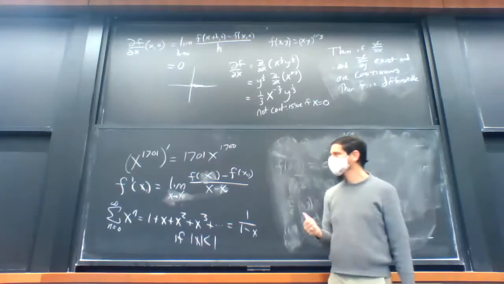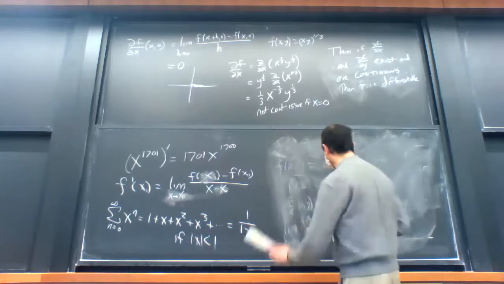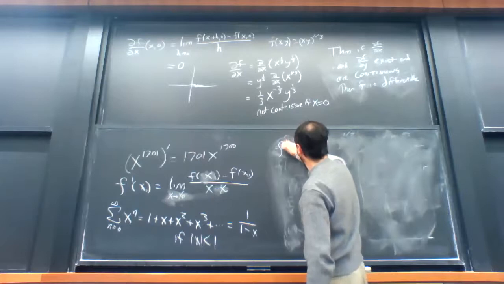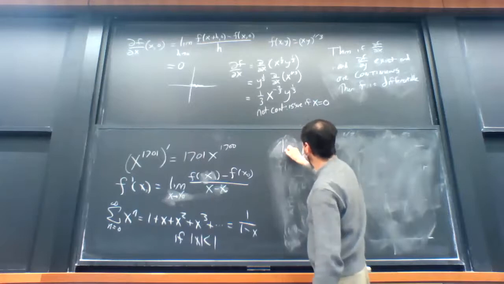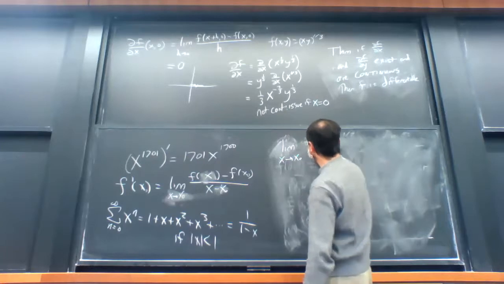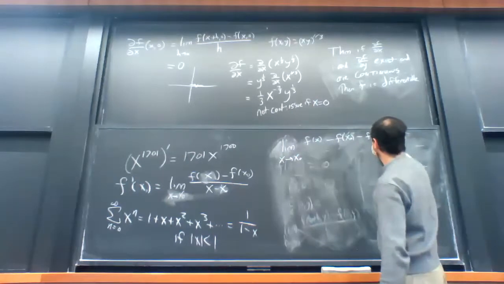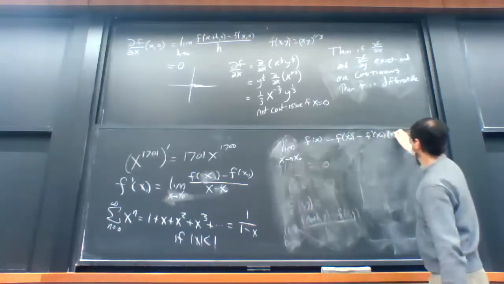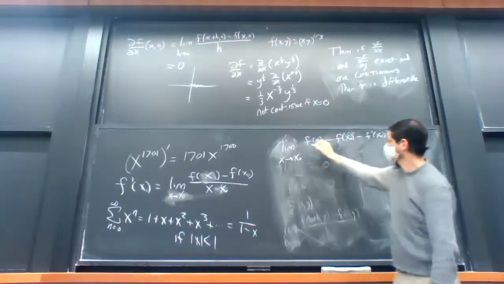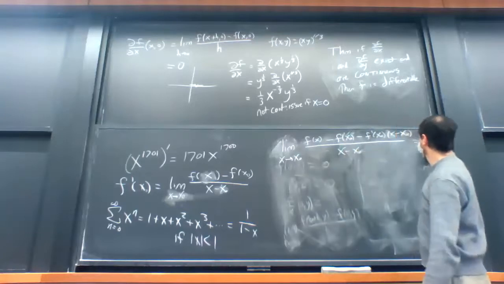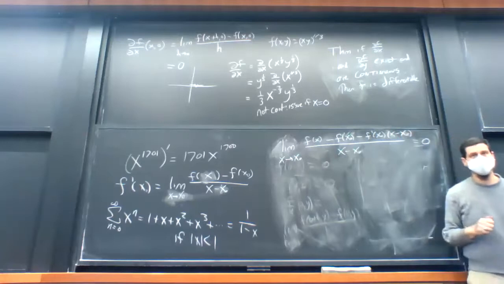So we want to try to generalize. And we saw a really good way of writing this: f prime of x naught is the limit as x goes to x naught of f of x minus f of x naught minus f prime of x naught times x minus x naught, over x minus x naught, equals 0.